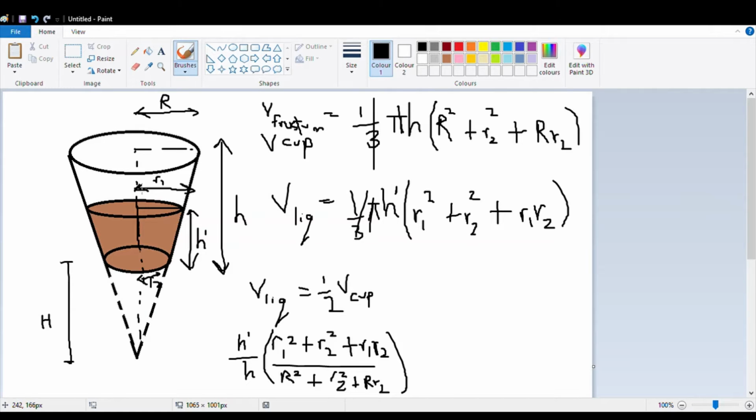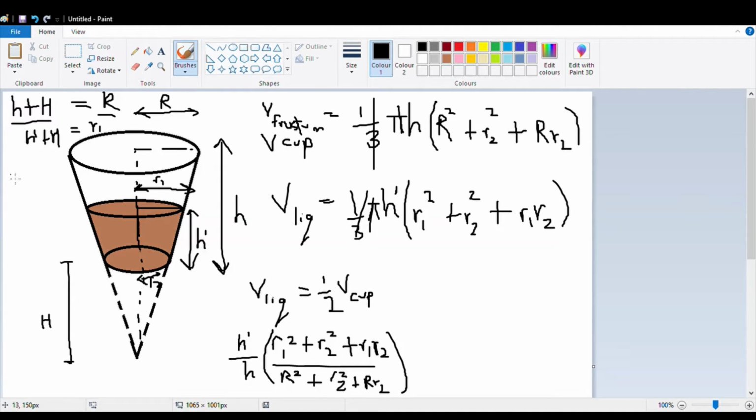So we consider the big triangle, h plus capital H, and the second triangle, h dash plus h, is equal to R over R1.